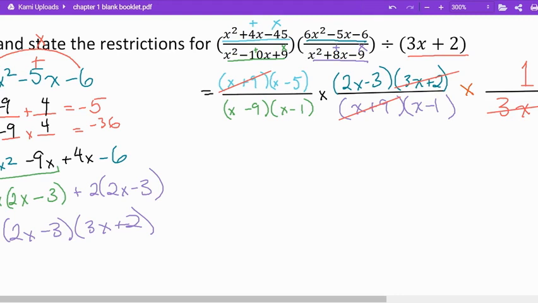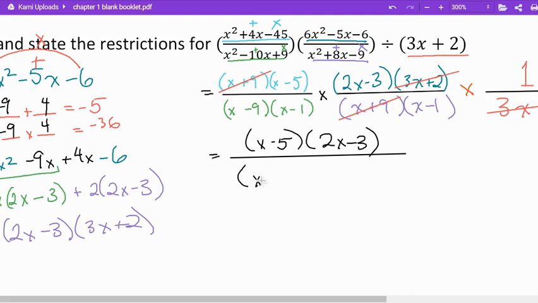No. They're both in the denominator. Okay. And so I end up with x minus 5 times 2x minus 3 over x minus 9, x minus 1 all squared. That's it. Notice that I squared the x minus 1 just for efficiency.